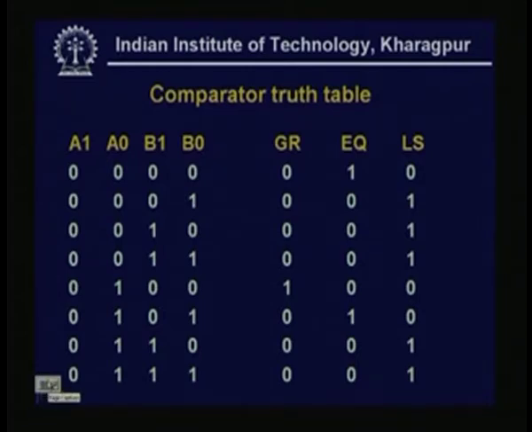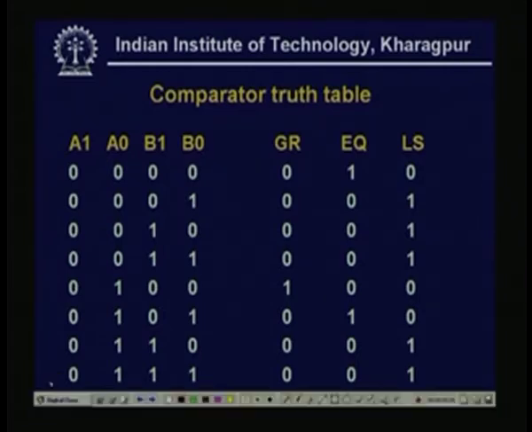For the decimal values 0, 1, 2, 3, then 5, 6, 7, except 4, it is generating a 0. For 4 it is generating a 1.